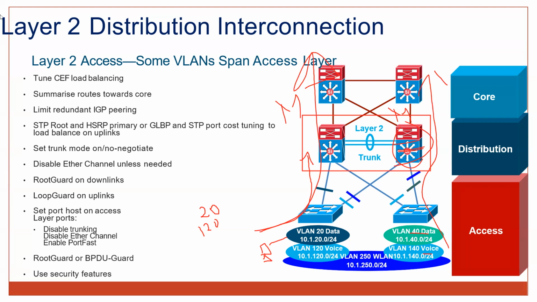So in essence, you are using STP priority to make the distributions prefer a particular VLAN. Yeah, STP decides which particular switch is the master. Okay. So that is a different thing. But suppose I have one laptop here, right? And this laptop is in VLAN 20.